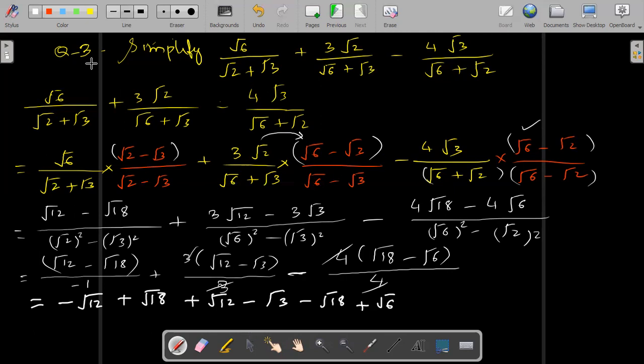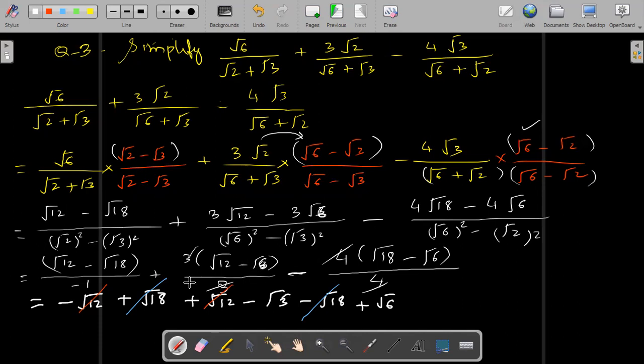So finally we got minus root 12 will cancel with plus root 12, plus root 18 will cancel with minus root 18, and here this will be root 6.